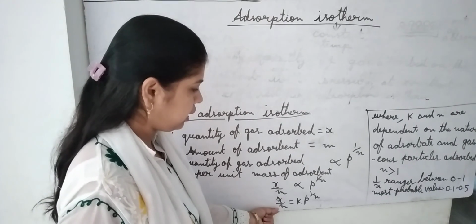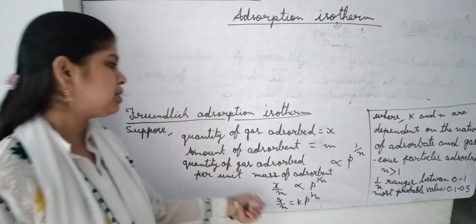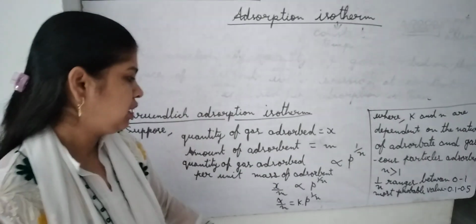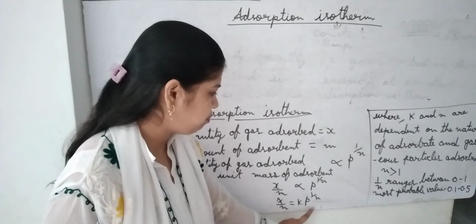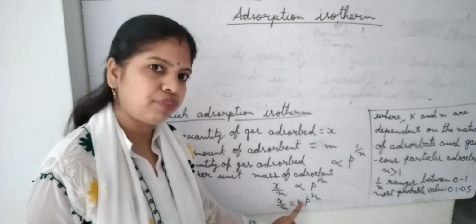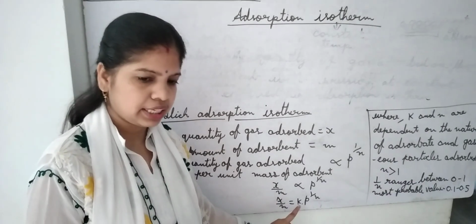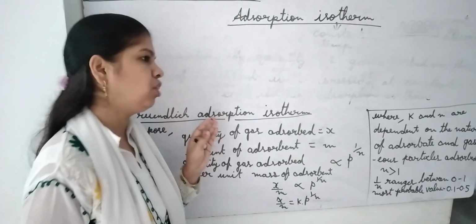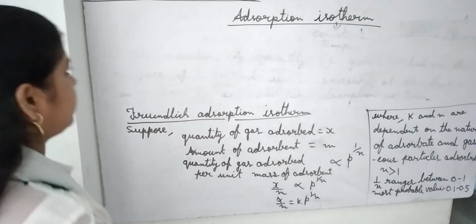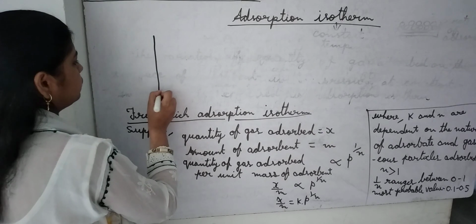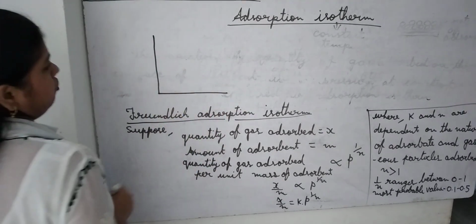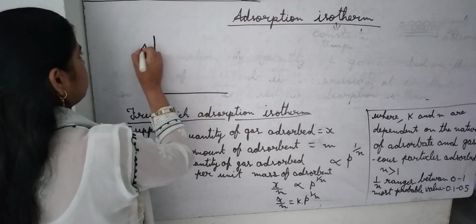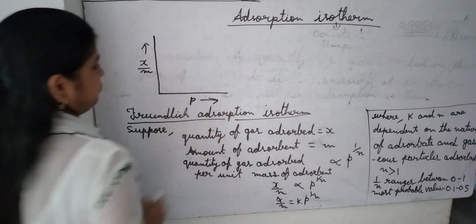So y we are taking x by m, that means the quantity of gas adsorbed per unit mass of adsorbent. And pressure we are taking as x-axis. And under that we are observing what type of graph we will get when temperature varies.